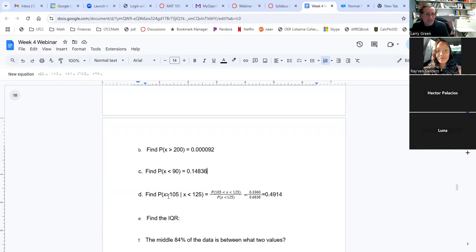Okay, this next one I did, if you wanted a given problem, you can use this formula, probability of x greater than 105, given that x is less than 125, and you turn it into a division problem and then divide. I'm going to skip that one for now. We'll do something similar later, though. Find the IQR. Do you remember what IQR means?